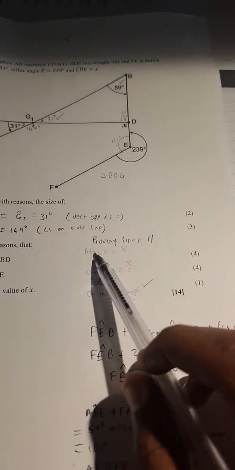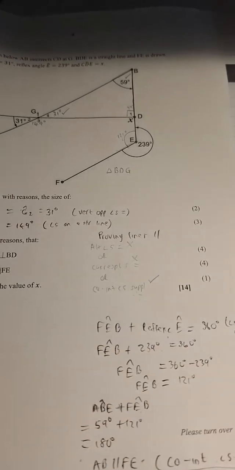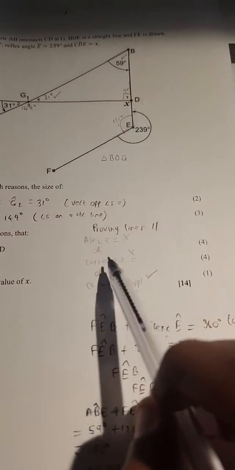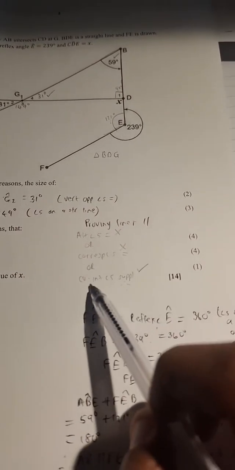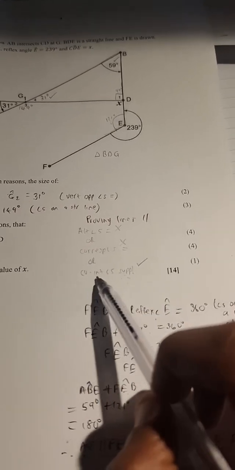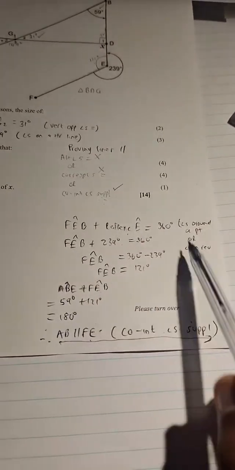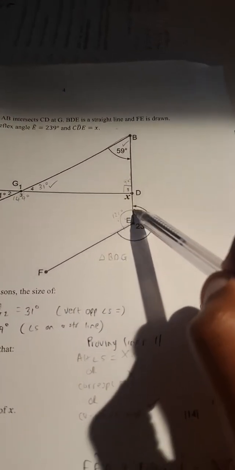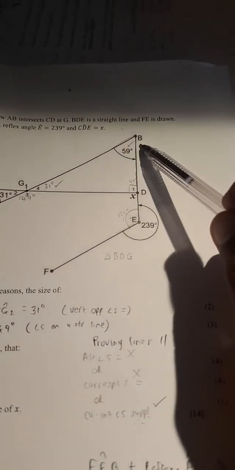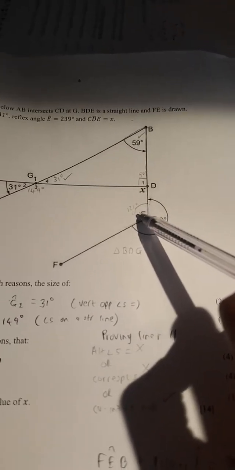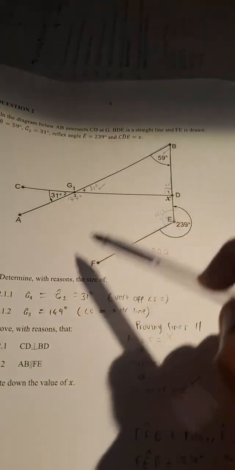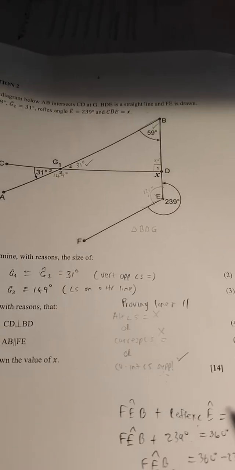You can either prove that alternate angles are equal, or corresponding angles are equal, or co-interior angles are supplementary. In this particular situation, we were able to prove that the co-interior angles actually do add up to 180 degrees, and therefore these two lines are in actual fact parallel.